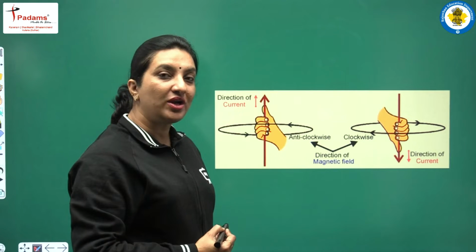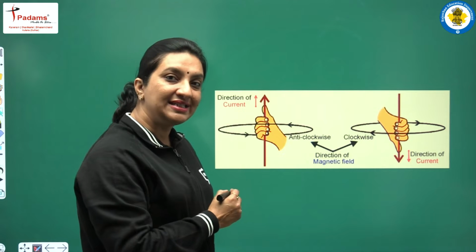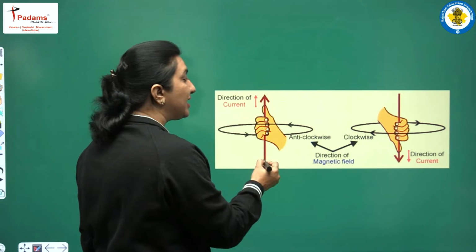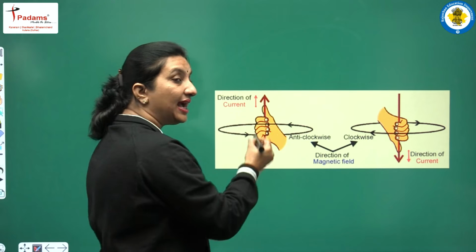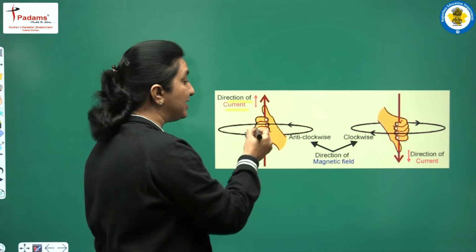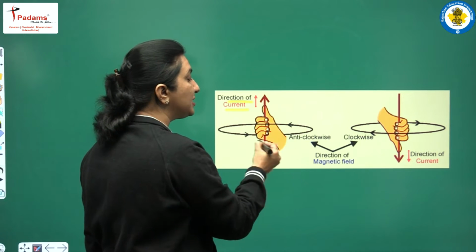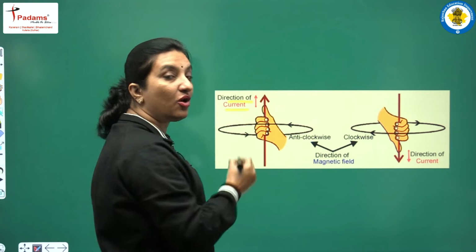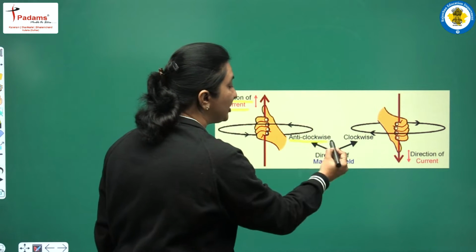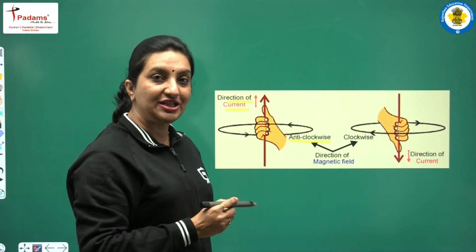So, we will support our answer with the help of a diagram. Here what we see, students, is that if the conductor is so held that the direction of the thumb shows the direction of the current, then the curl of the fingers will show the direction of magnetic field produced. So, here the direction of magnetic field is anti-clockwise.